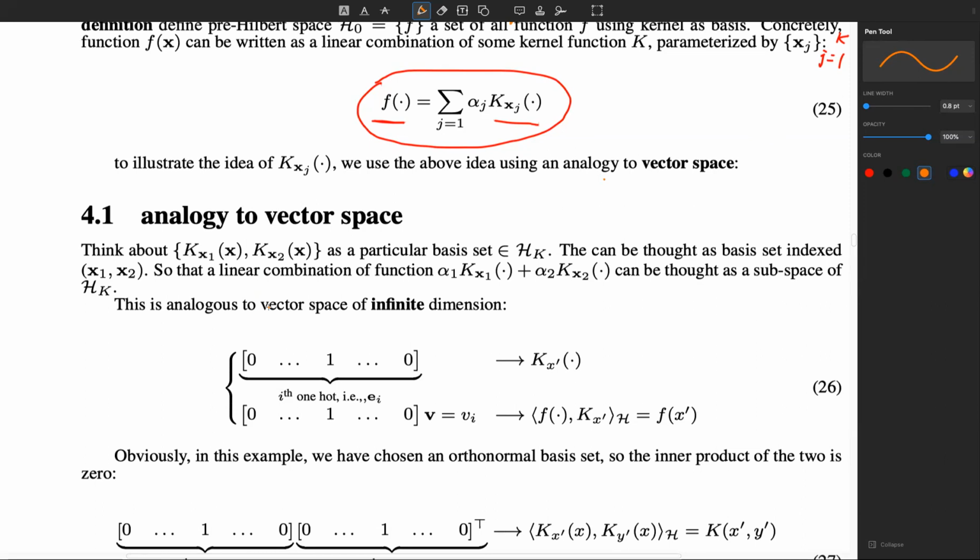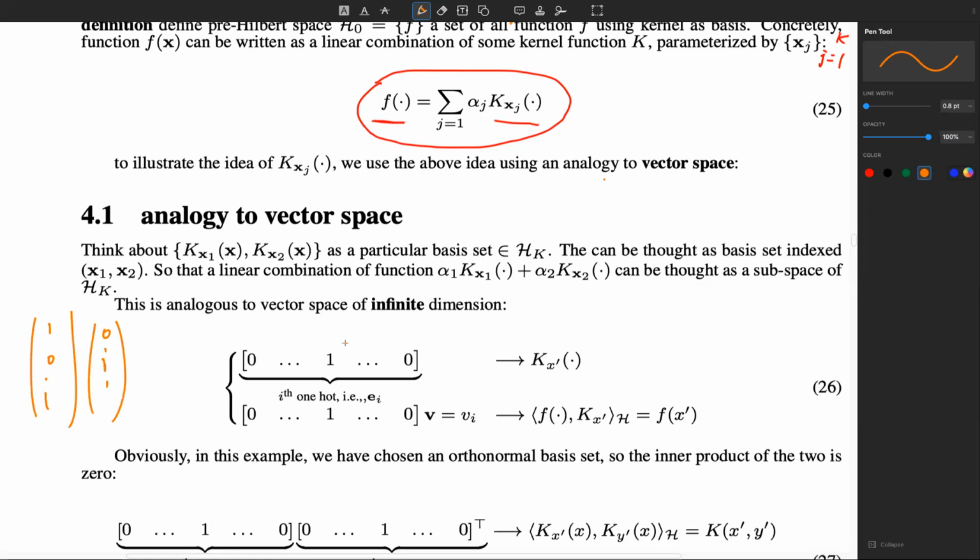Just imagine you choose an orthogonal basis. And by the way, it doesn't need to be 0s and 1s, but just imagine you have chosen that. The first basis is like 1, and the second basis is like 0. And now you choose one particular basis where the ith element is one-hot. So only the ith element is 1, and all the rest is 0.